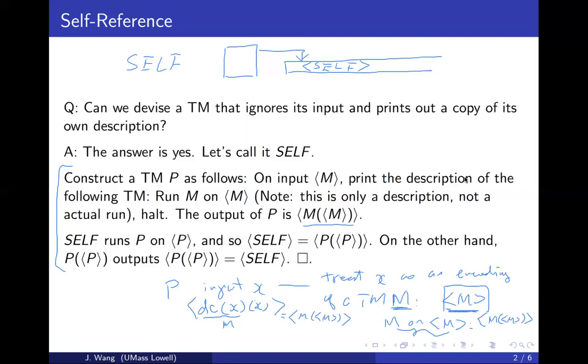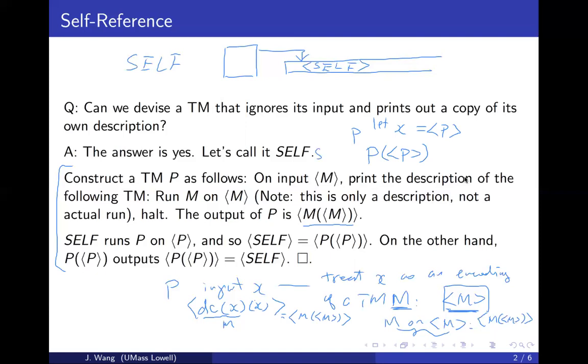So P takes any input X, but then of course this X could also be P itself. So we run P on this input, and I am going to call this self.